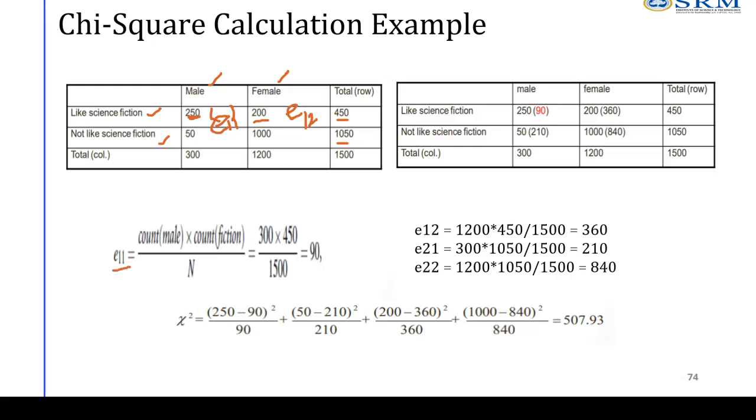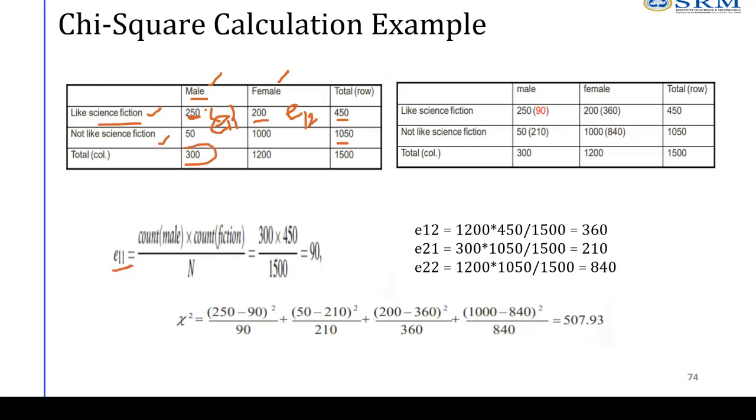As per the formula, the expected frequency is count of male into count of fiction, divided by the total.